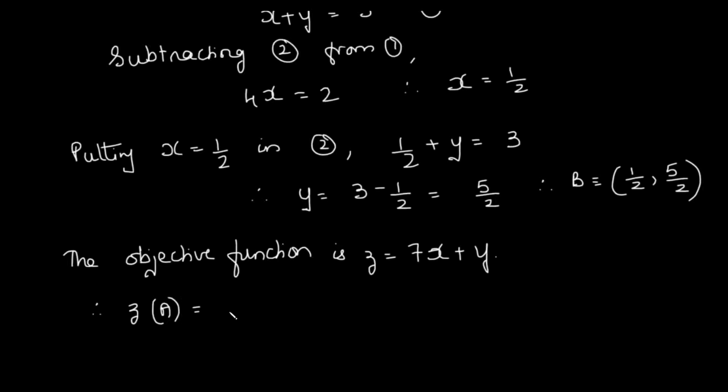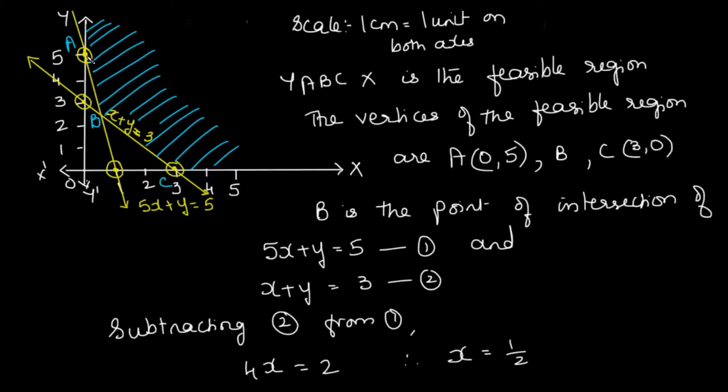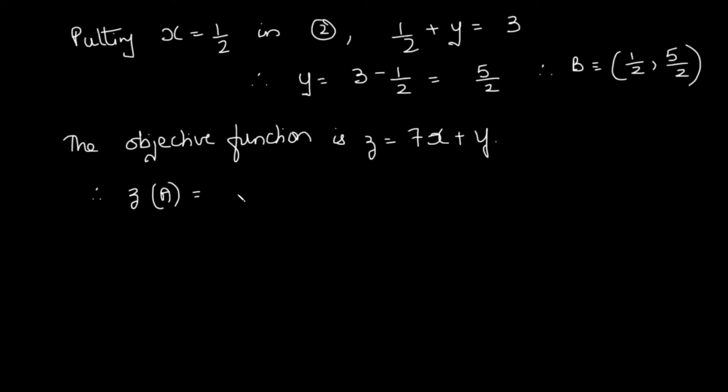Now the coordinates of A are 3 and 0. Sorry, the coordinates of A are 0, 5 in this case. So in this function, we put x as 0. So 7 into 0 plus y as 5. So here the answer comes out as 5.